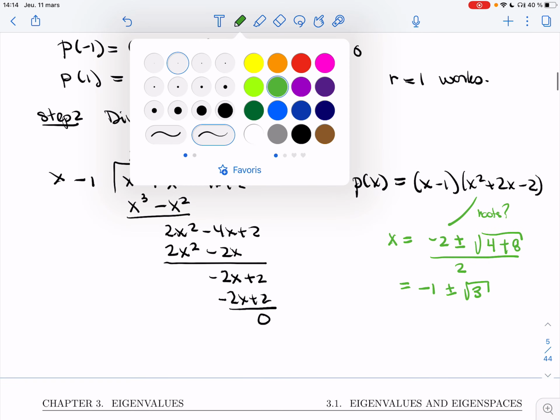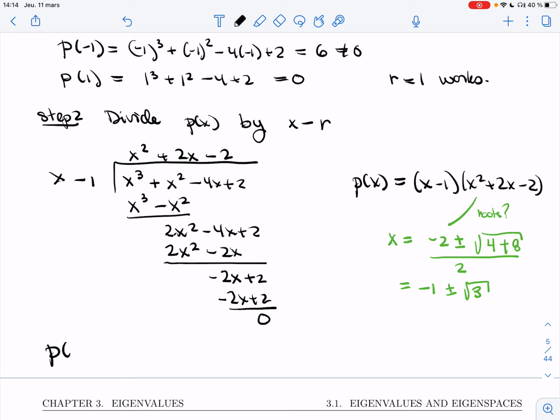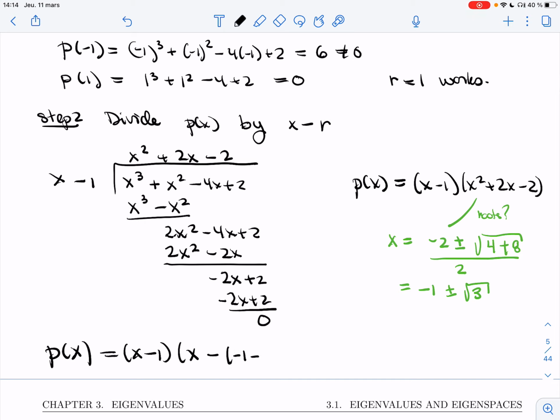All right, so we have our polynomial completely factored. P of x is x minus 1, and then I take x minus the first root, x minus the second root. I have a factored polynomial. So if you're stumped when trying to find eigenvalues, this is something you can use.